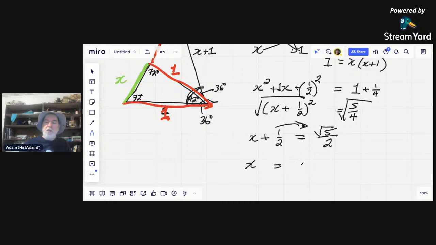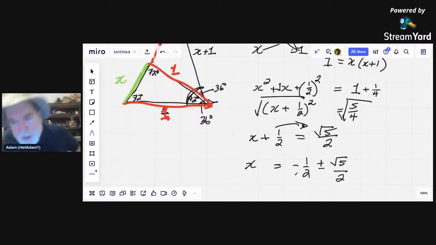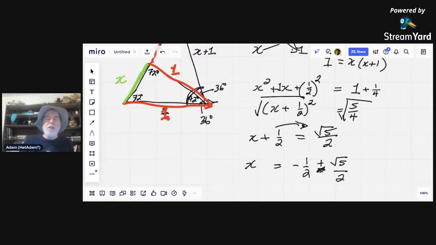And we get x equals negative 1/2 plus or minus square root of 5 over 2. Okay, but we're dealing with proportions of a triangle, so we're just going to keep the positive value. So in this case, x equals negative 1/2 plus square root of 5 over 2. Okay, so that's our x.